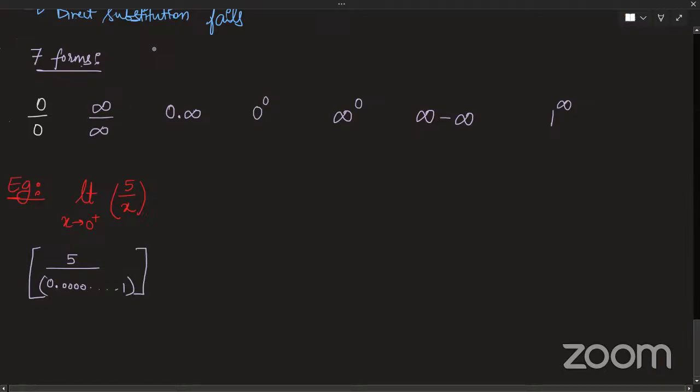This value will become a really large value. Everyone agrees? It will be a very large value. Is this value positively large or negatively large, on the negative side or the positive side?